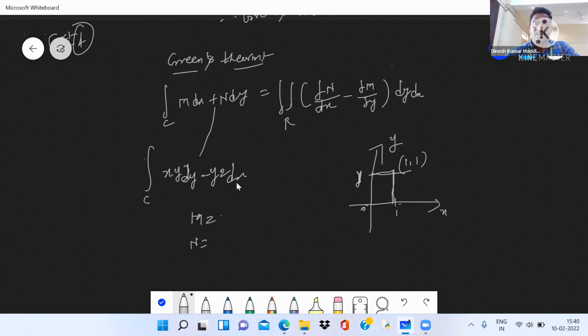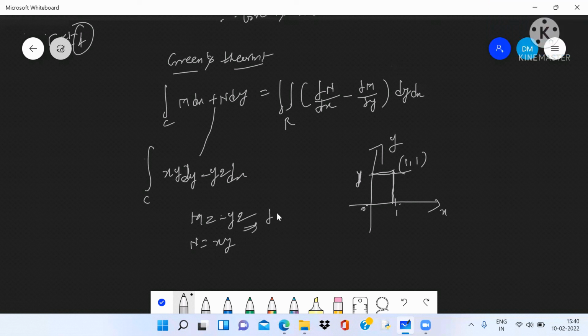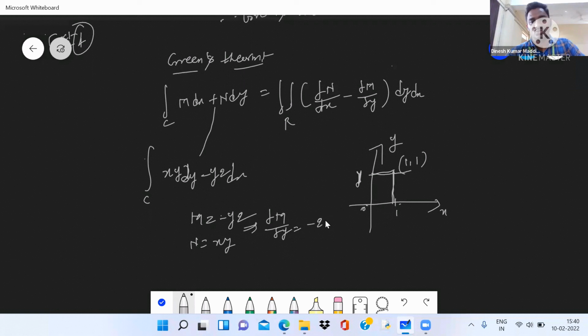Here dx coefficient is minus y square, that is m is minus y square, and n is xy. So we need dou m by dou y, then we will get minus 2y. Here we need dou n by dou x, then you will get y into 1, that is y.